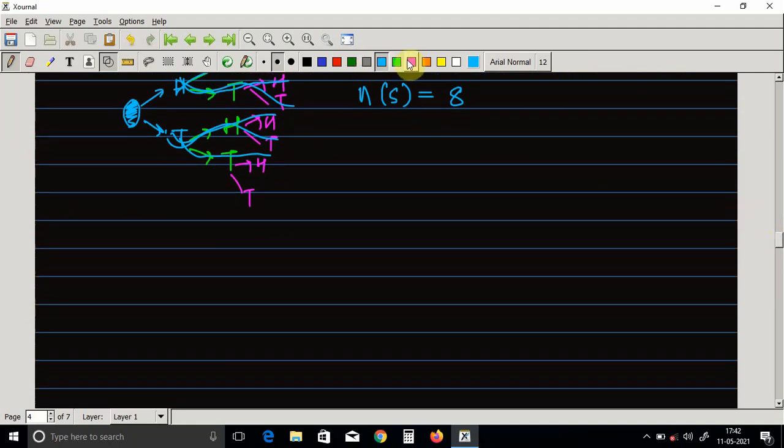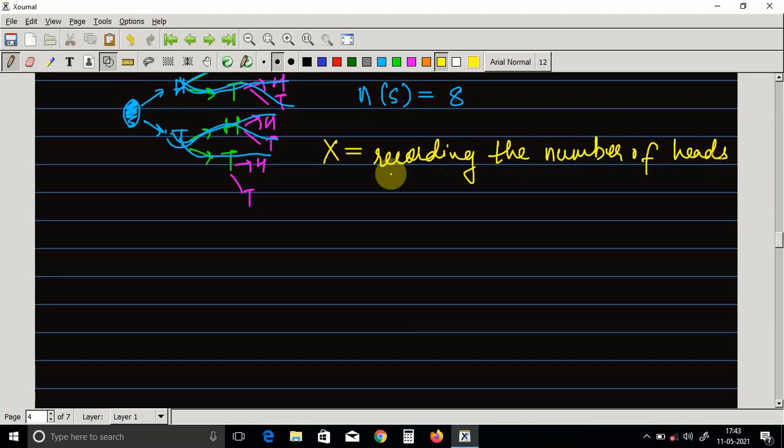Now my random variable here will be capital X, and I am interested in recording the number of heads that appeared.